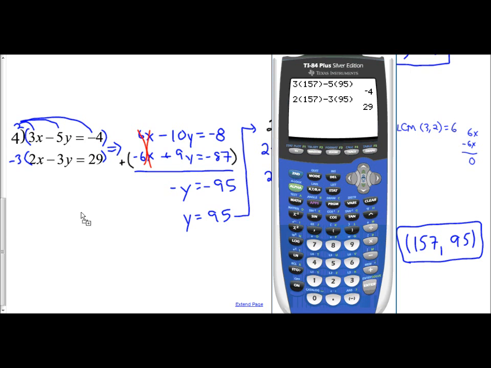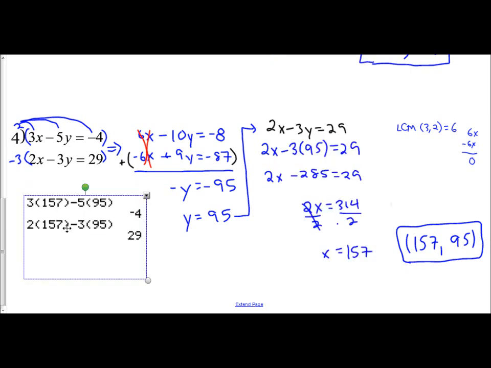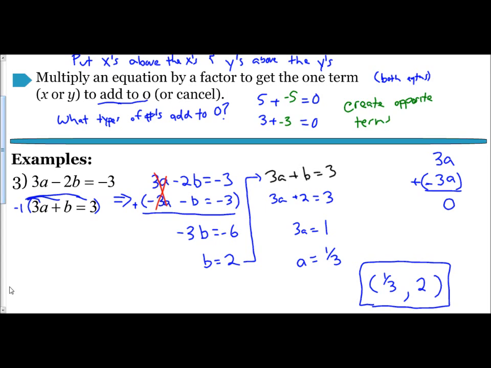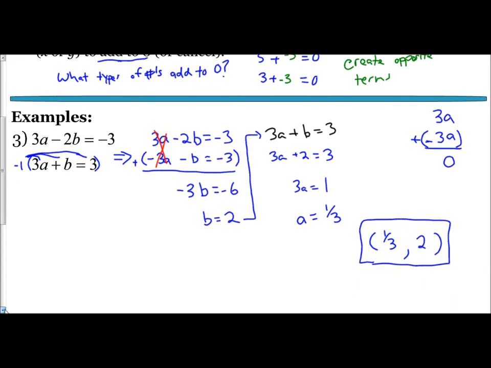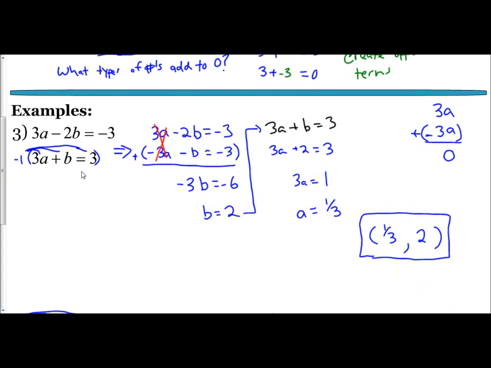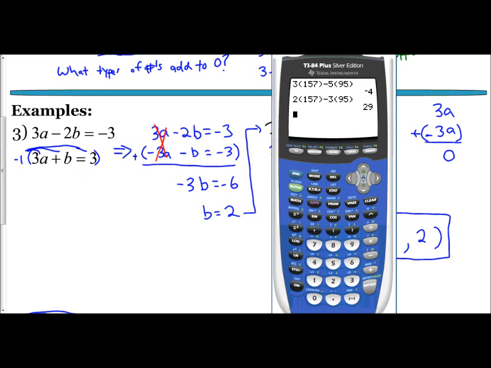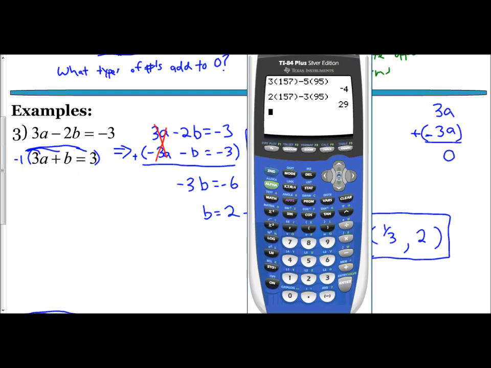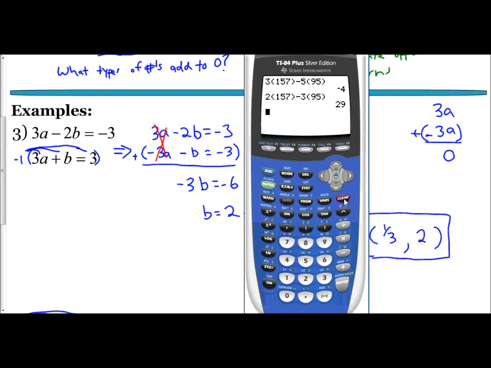And so one quick way to check your answer is just to plug them in with the calculator and make sure you get the right side of the equations. I could do it for the original example we did as well. 3a minus 2b equals negative 3 and 3a plus b equals 3. 3a is 1/3, so I can do 1 divided by 3, minus 2b, so 2 times 2.